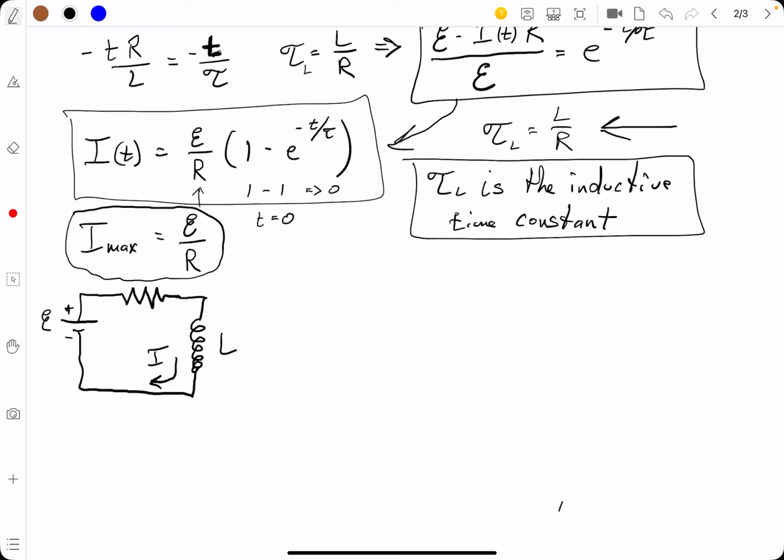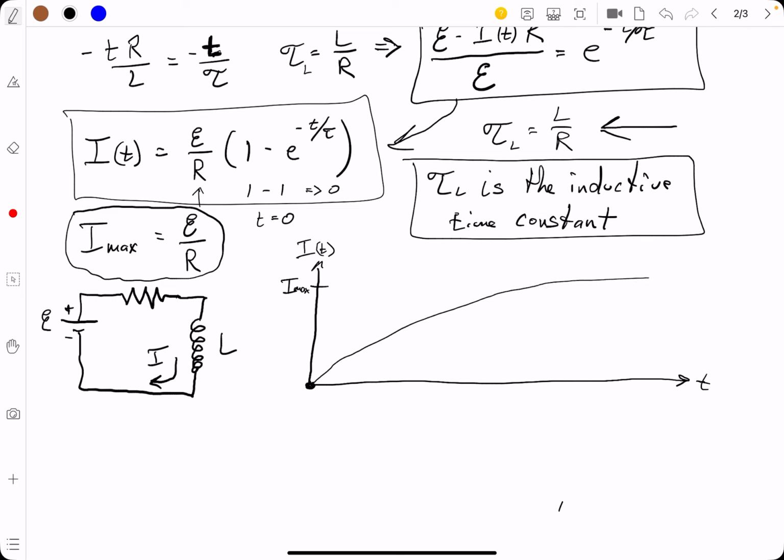Gradually, we're going to say here's t, here's I max, and this is our I of t. And I just showed you that we're going to start out at 0, at t equals 0, and over an infinite amount of time, but it actually doesn't take that long, we're going to end up at this max, okay?